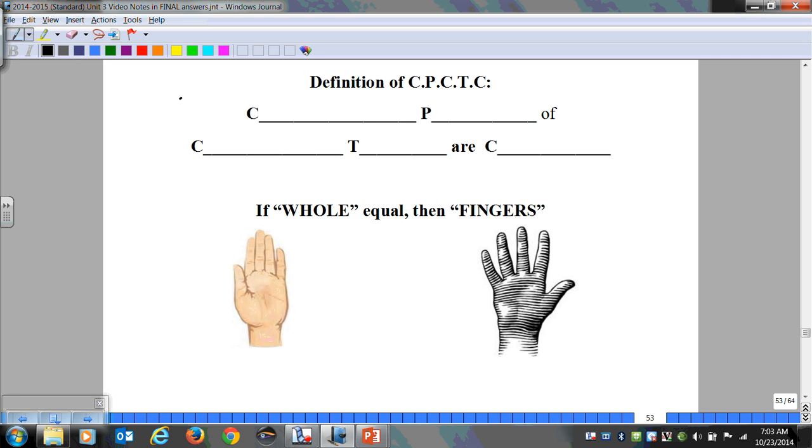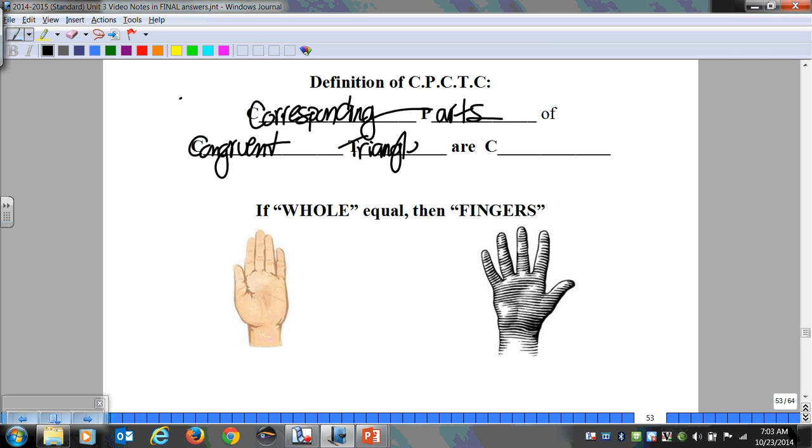It simply means corresponding parts of congruent triangles are congruent. Corresponding parts of congruent triangles are congruent.